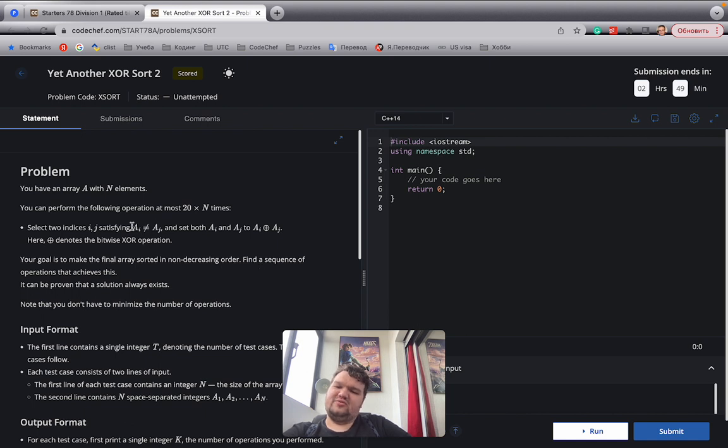Okay, if we could take equal elements, it would probably be too easy. We can just make two elements zeros in two operations: take them and take them again.